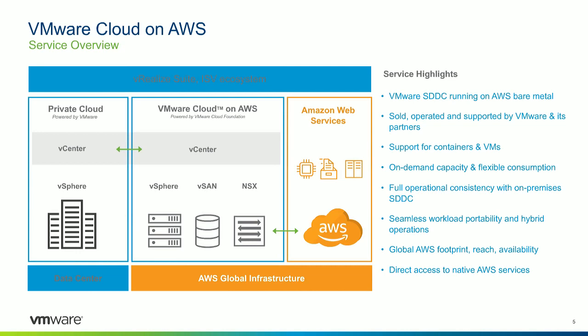You can very seamlessly add hosts to your SDDC when work demand is needed, and then when that work demand comes down, you can spin those hosts back down. Again, it's fully operated by VMware. It's seamless workload portability. You get the global AWS footprint with reach and availability, and you get direct access to the native AWS services.